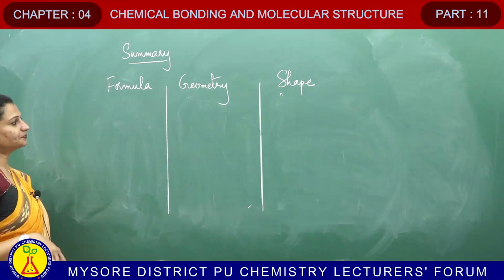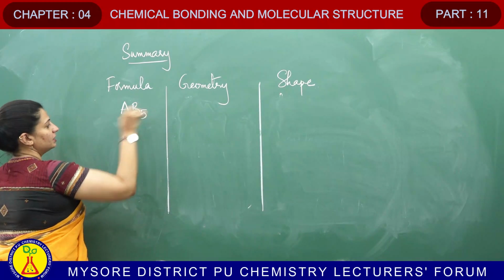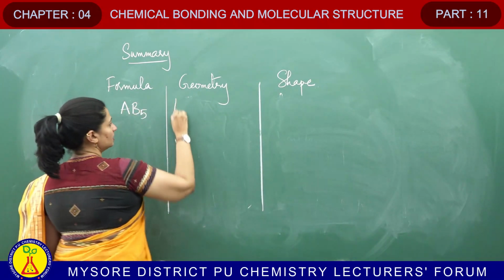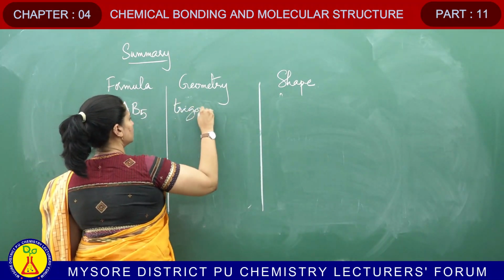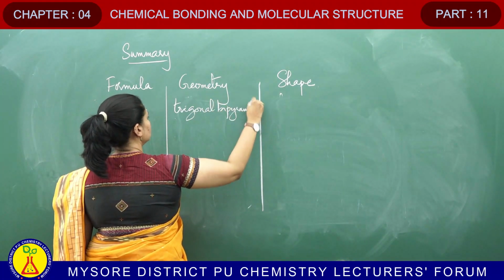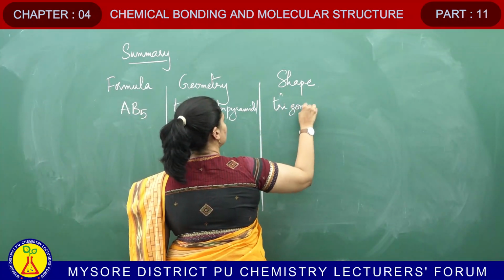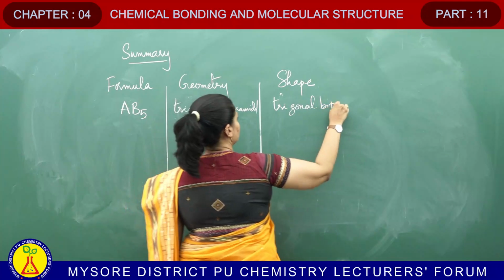Let me continue. Now, the next formula that we have is AB5. AB5 is trigonal bipyramidal, and the shape remains the same because there are no lone pairs.